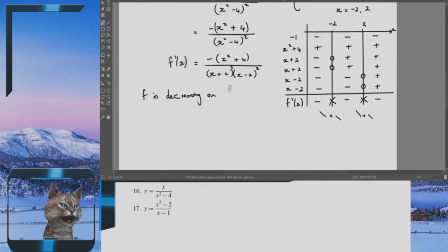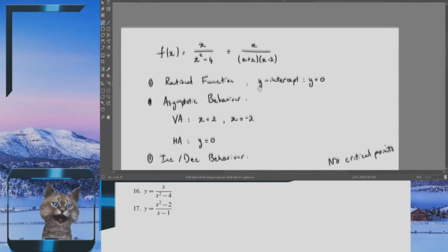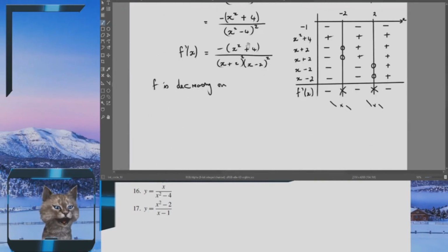On the intervals, I have to break it up at negative 2 and 2 because it's not in the domain of the function. It's not defined there, so I can't include them. I can't just write negative infinity to infinity. That would not be right at all, because that implies that the function is defined everywhere, and it's not.